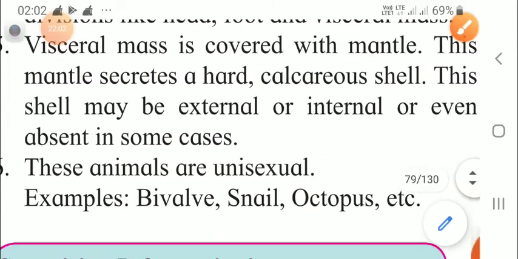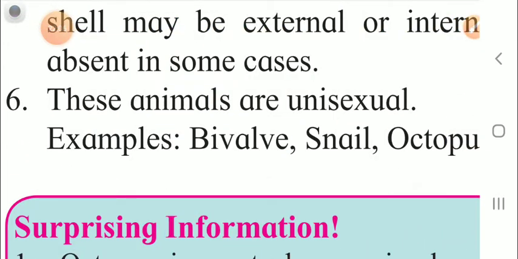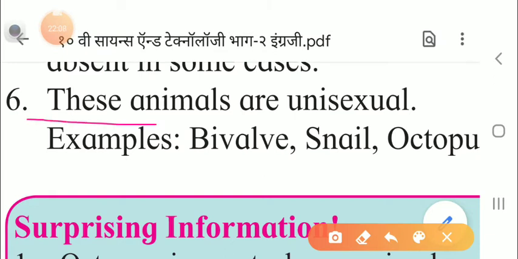Now, next we will see that these animals are unisexual. Again, what is the meaning of unisexual? Either the male reproductive organs are present or the female reproductive organs are present. So they are unisexual.